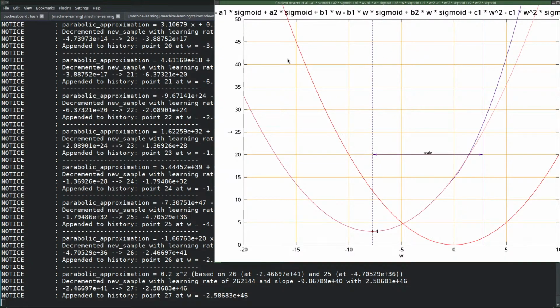See, it now has a parabola point at 2 minus 2.5 times 10 to the power 46. That's a really big number. It's like somewhere above here, but then, you know, a different Milky Way. Probably the other side of the universe.